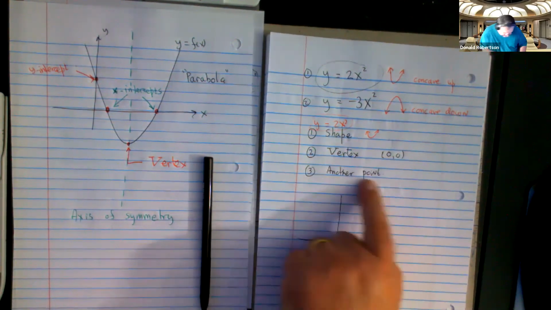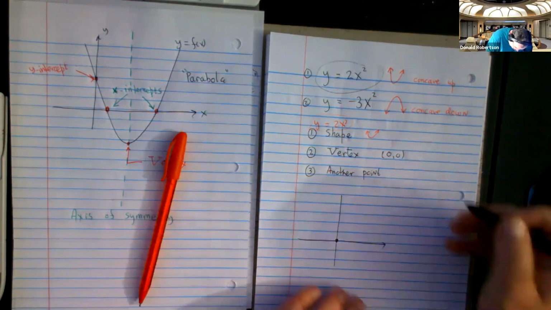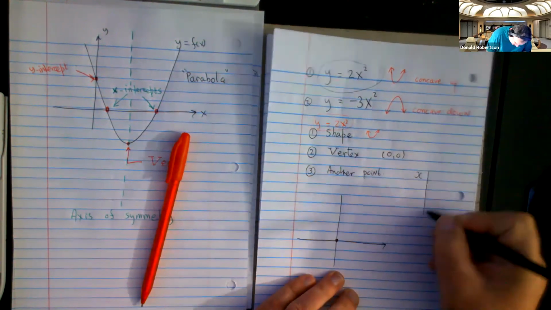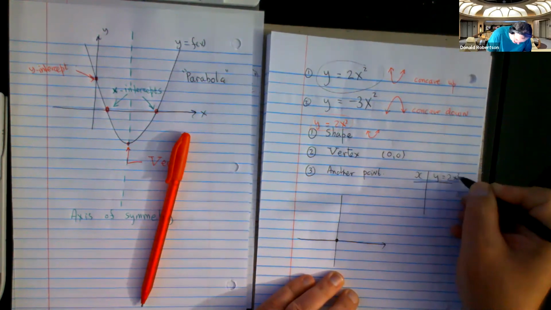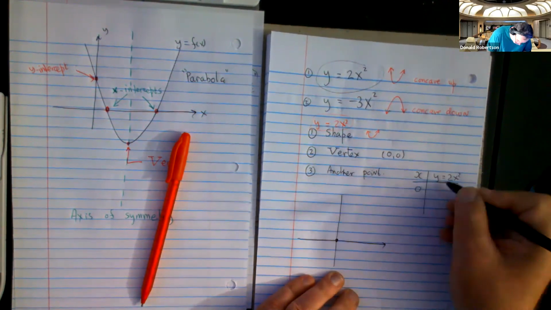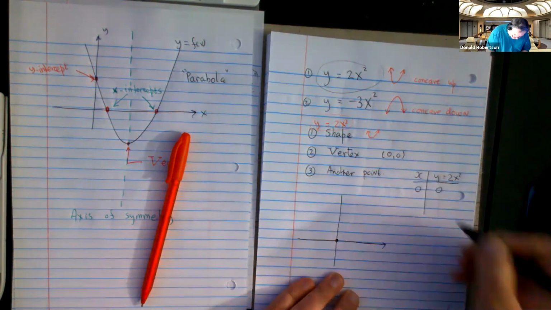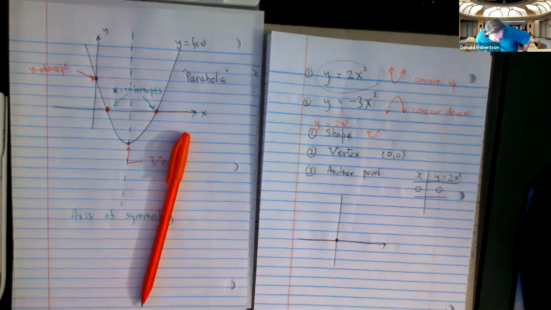Now, all I need is another point, and I'm going to do that by doing a little table. If you plug in x equals 0, can you see how y is also 0? I need one more point. Give me an x coordinate I could use.